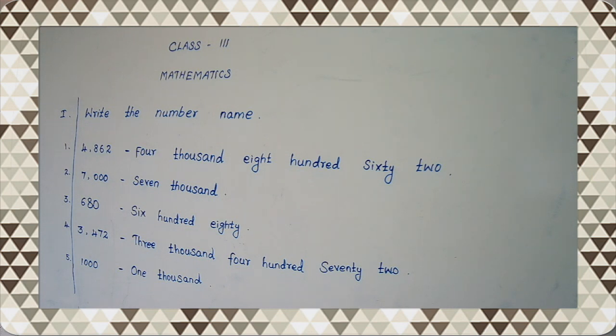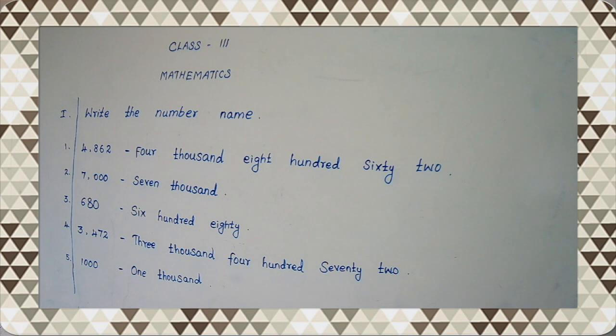H-U-N-D-R-E-D, 100. 800. 62. S-I-X-T-Y, 60. T-W-O, 62. If you complete one line, leave one finger space and write. Okay, ma?